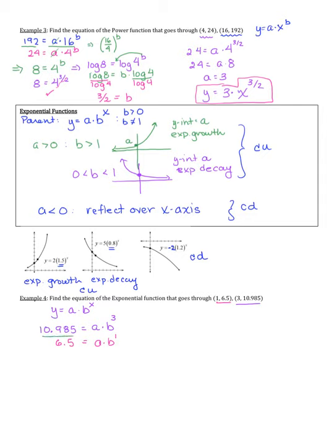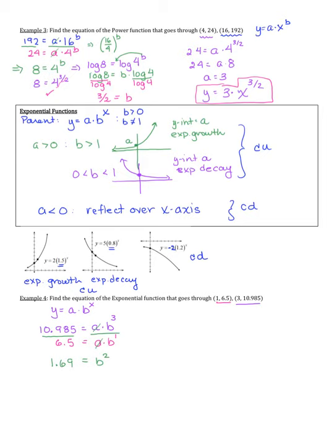So I'm going to divide the two against each other, and believe it or not, 10.985 divided by 6.5 is 1.69, and the a's will cancel, and then b cubed over b to the 1, when you're dividing, you subtract exponents, so this will be b squared.